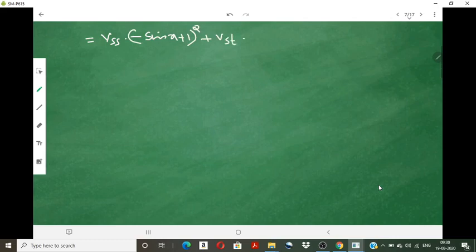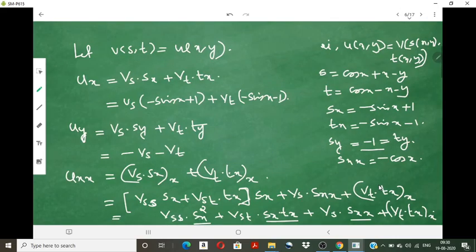Okay, so substituting those values, we get Vss into Sx square. Sx is minus sin x plus 1, the whole square, plus Vst into Sx into Tx. We know Sx is minus sin x plus 1 and Tx is minus sin x minus 1.